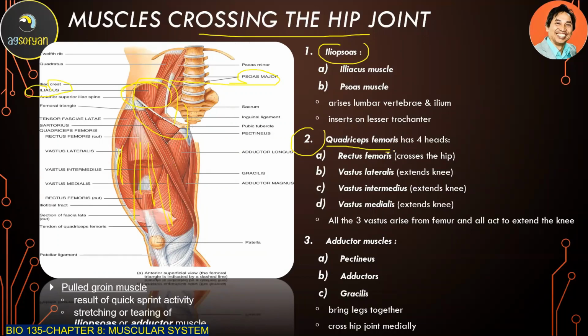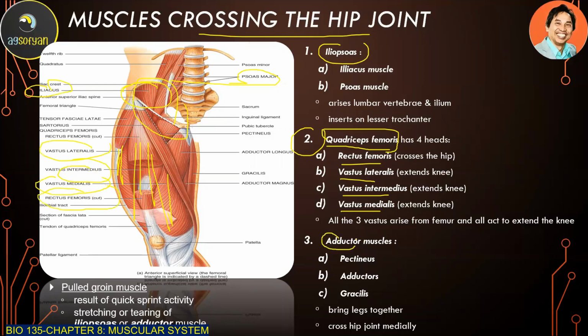All of them are called the quadriceps femoris. There are 4 muscles: rectus femoris, vastus lateralis, vastus intermedius, and vastus medialis. These are the 4 muscles of the quadriceps femoris.